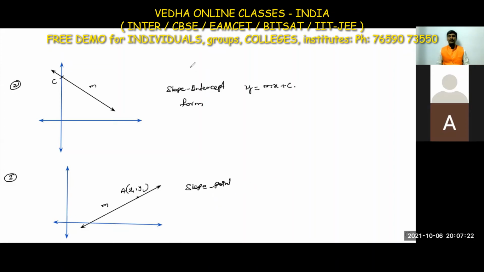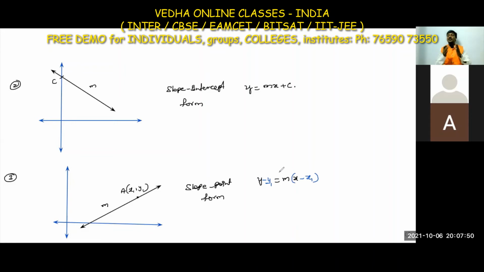What is the formula here? It is like the slope form. y is equal to mx is the slope form. If you add plus c, it is slope intercept form. It is very simple: from y I subtract y1, and from x I subtract x1.